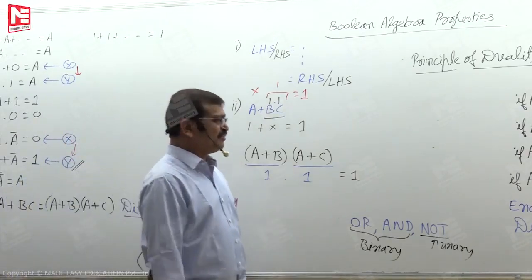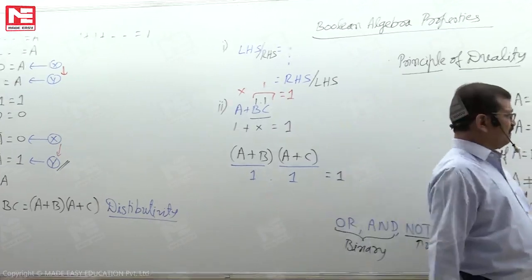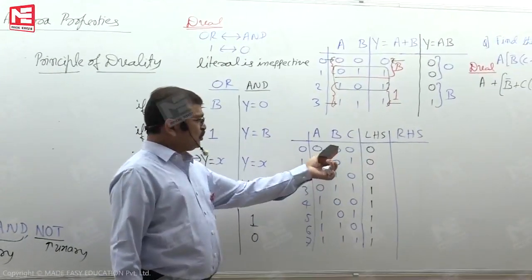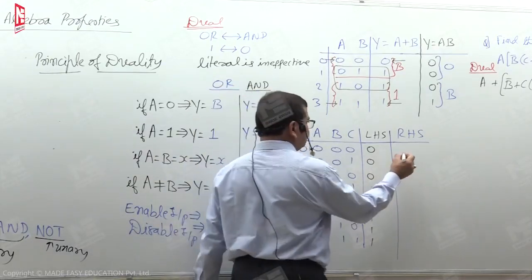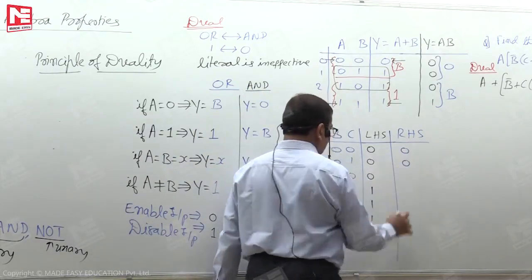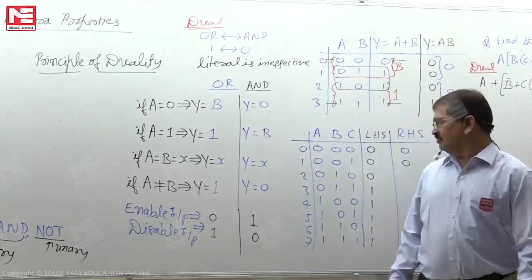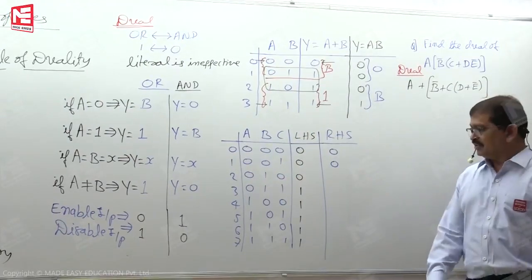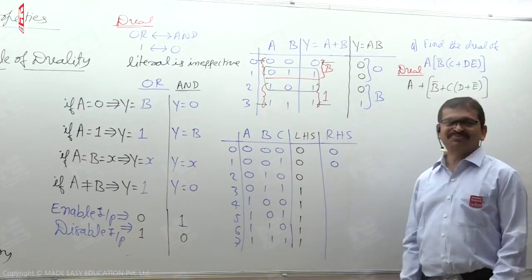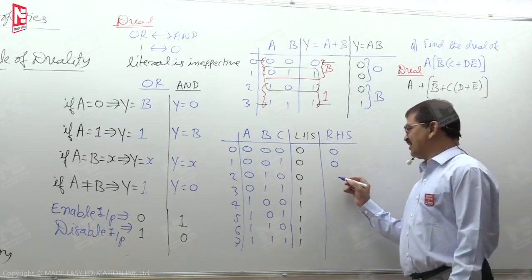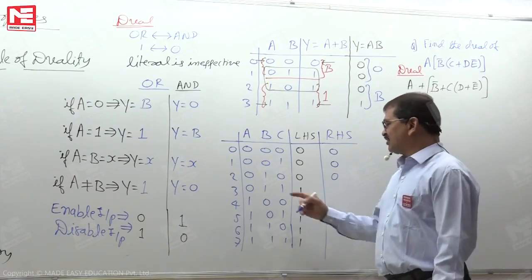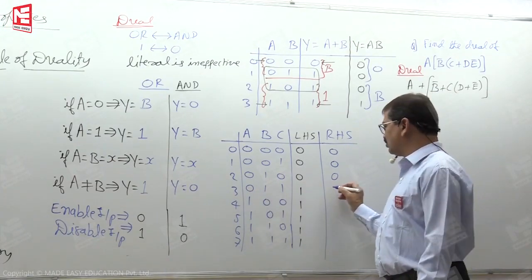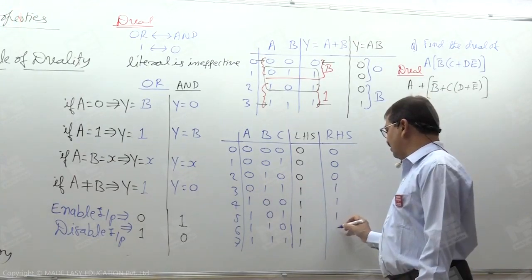Based on this knowledge, for the first two rows A or B is 0. Whenever A or B is 0, the result must be 0. For the next row, A or B is 1, but A or C is 0. Because A or C is 0, the result is 0. For the next row, A or B is 1, A or C is also 1, so it is 1, and so on.